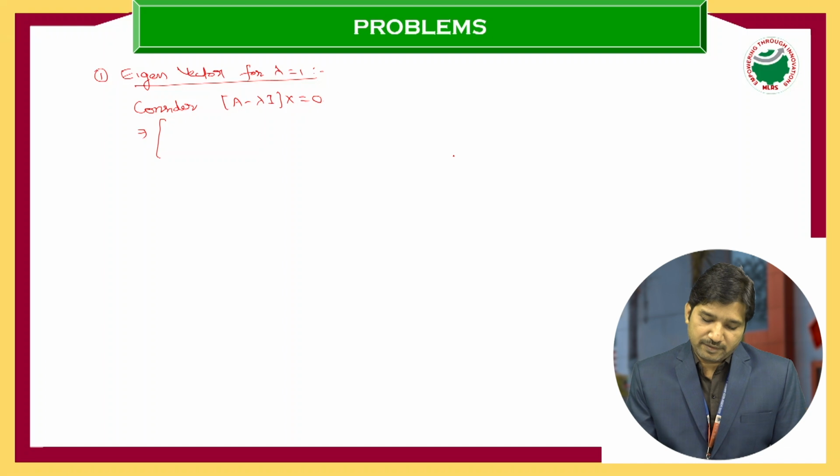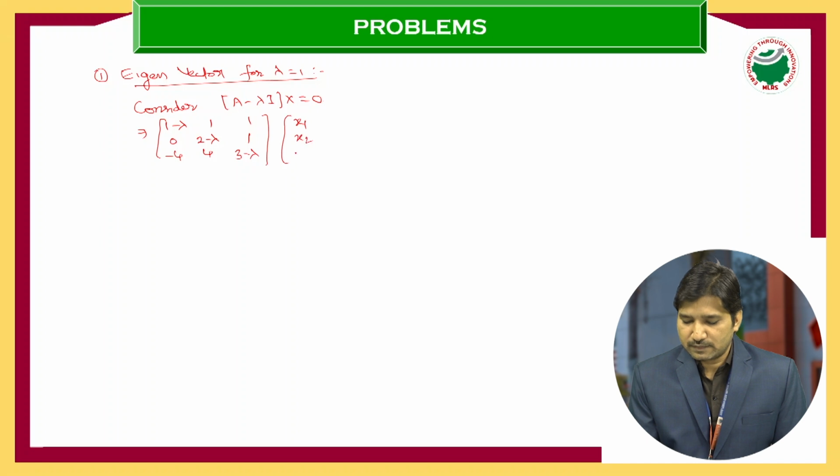Write down 1 minus lambda, 1, 1; next 0, 2 minus lambda, 1; next minus 4, 4, 3 minus lambda. X is x1 x2 x3. 0 means the zero vector, 0 0 0.